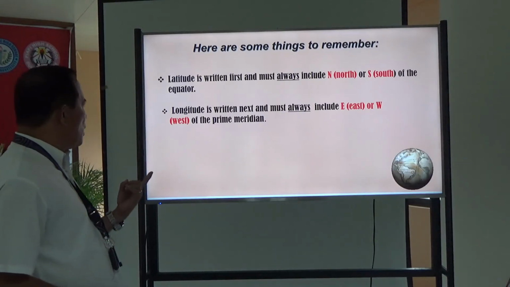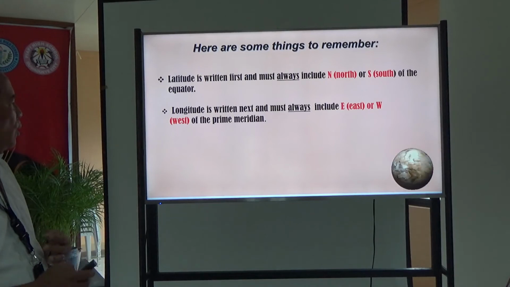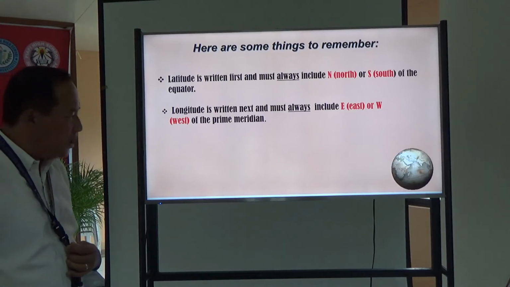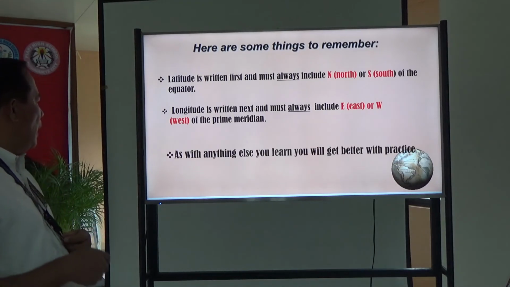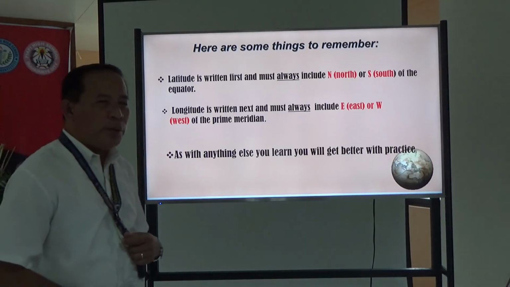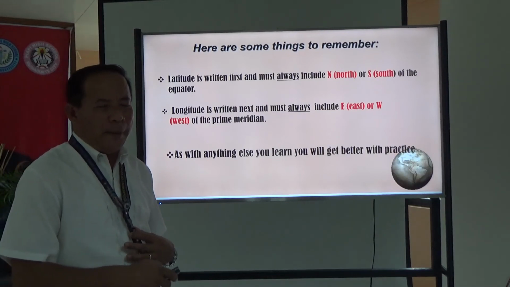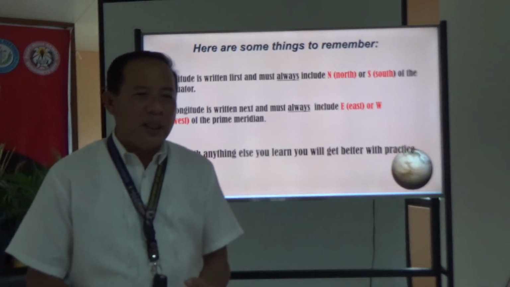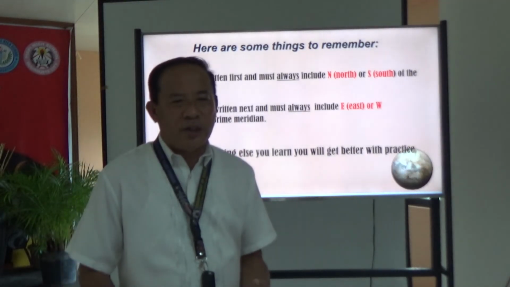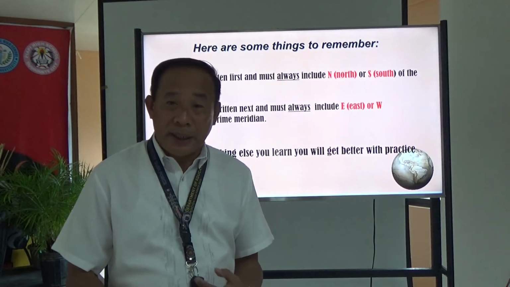While the longitude is written next and must always include east or west of the prime meridian. And as with anything else you learn, you will get better with more practice and get the materials that we need and focus our attention so that everything that we want to learn can be easily facilitated.